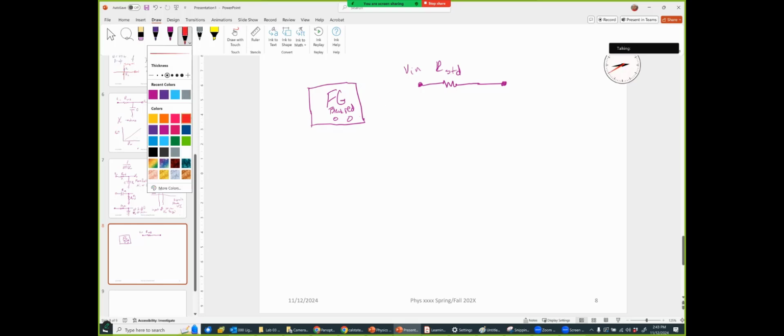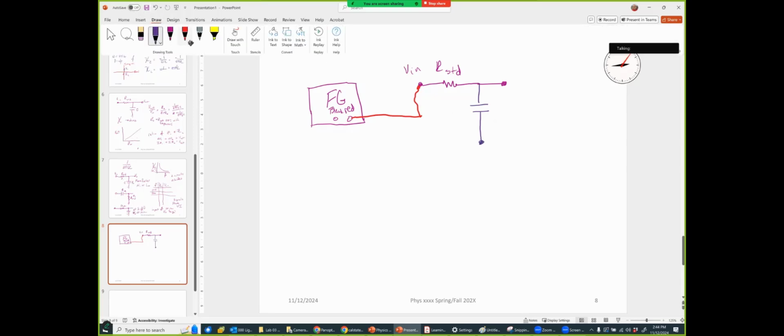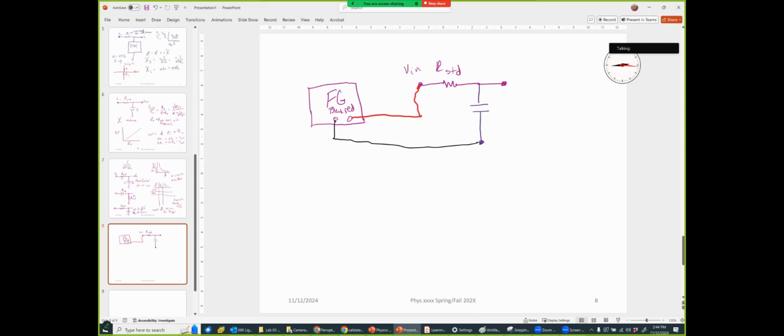Then we're going to wire it to a capacitor, and you can even see the value of it. And then we go back to the function generator, the black.